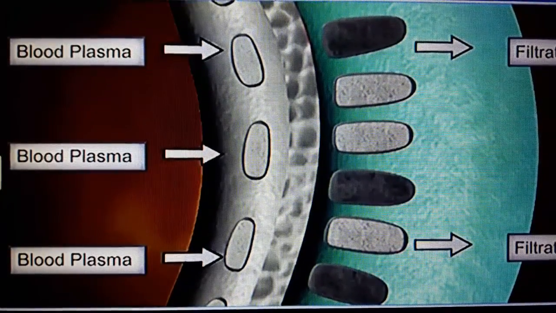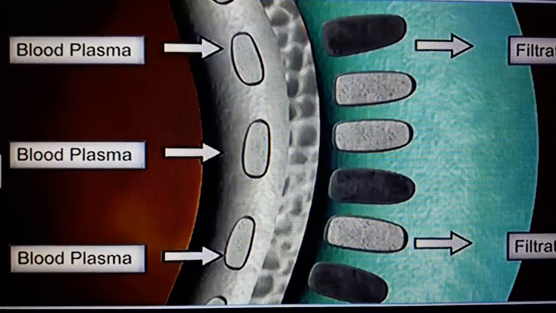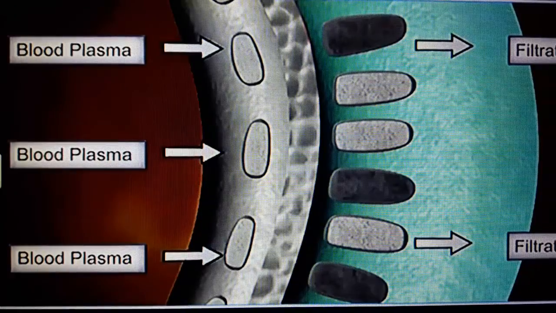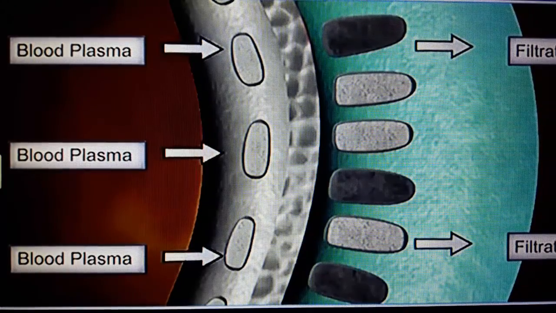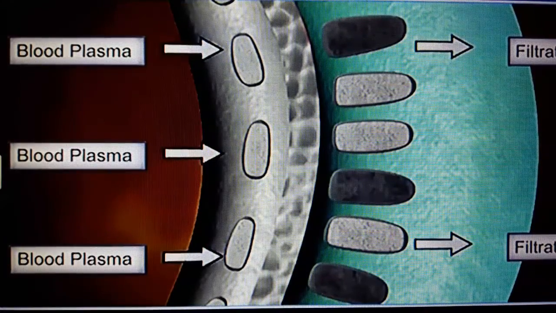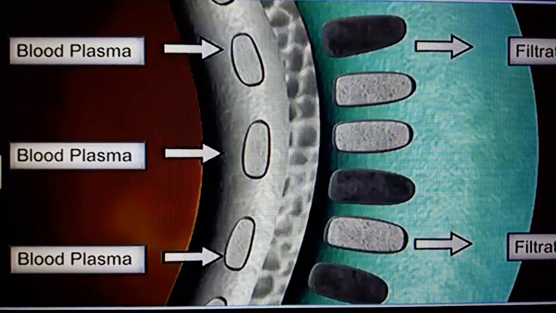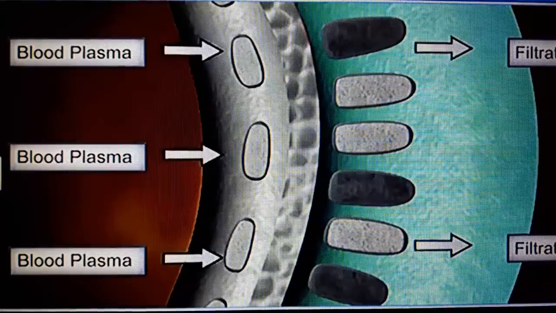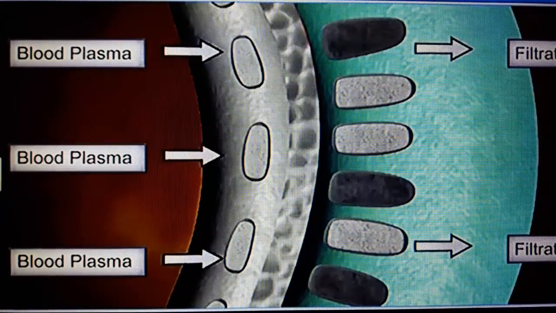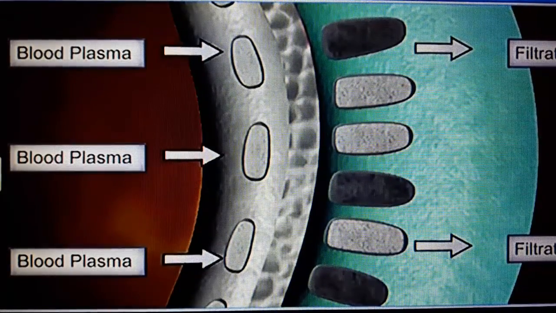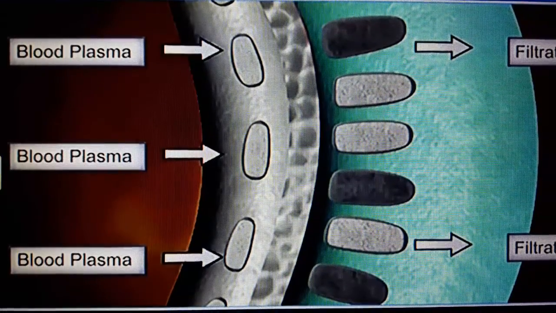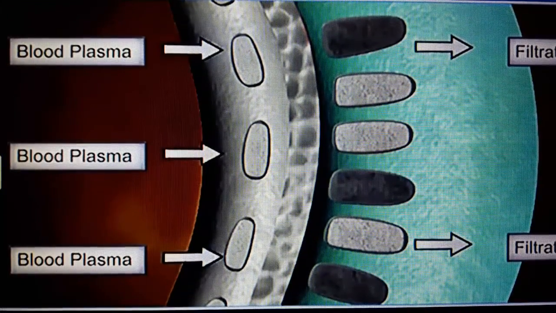If at any time the blood pressure falls severely, ultrafiltration gets reduced, and if it becomes lower than the osmotic pressure of plasma proteins, urine formation stops altogether. The glomerular filtration rate is 125 ml per minute for both kidneys together, about one fifth of the blood plasma per minute.